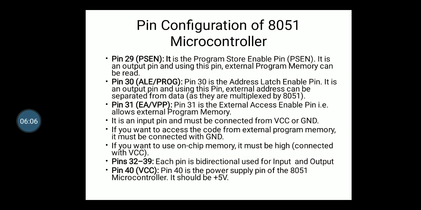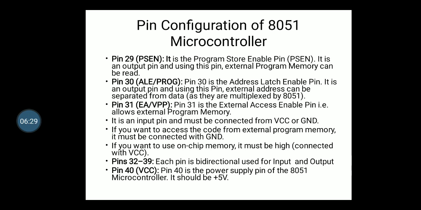Now there are a few pins left. Pin 29 is the program store enable, that is PSEN. It is an output pin and using this pin external program memory can be read. So whenever we have to read the external memory, this pin should be activated to high. Pin number 30 is ALE, that is address latch enable.